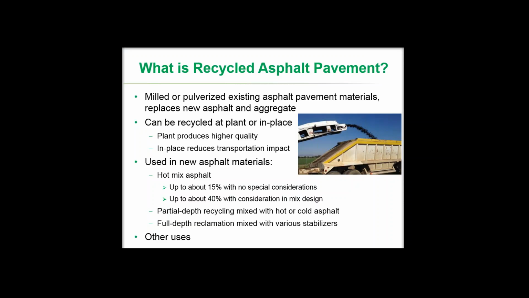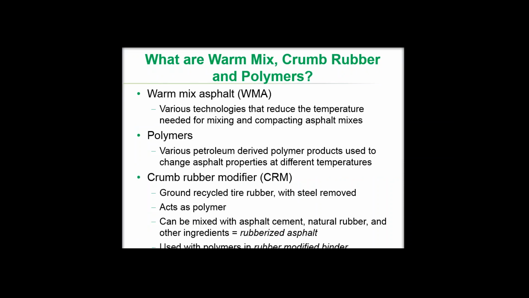In partial depth recycling, you're mixing with hot or cold asphalt, and in full depth reclamation, you're mixing with small amounts of asphalt or cement or other stabilizers. The lower uses of recycled asphalt pavement would be things like aggregate base, shoulder backing, etc., which are not taking full advantage of the asphalt binder that's in the RAP.